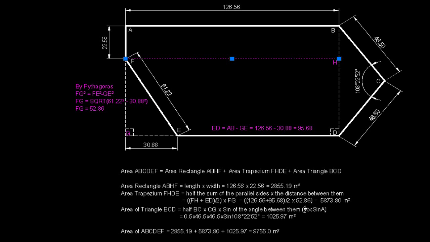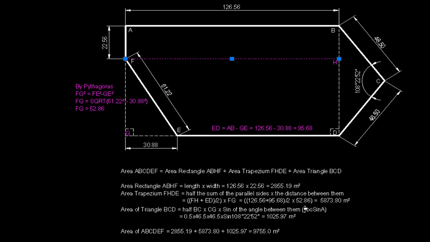The magenta line from F through to H then subdivides the area into three known shapes that we can calculate. First of all, we've got the rectangle ABHF, that we can calculate that area.